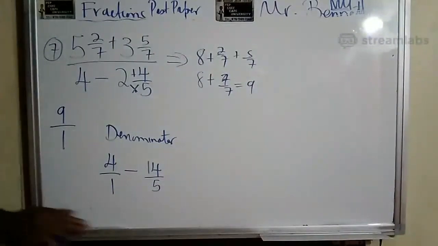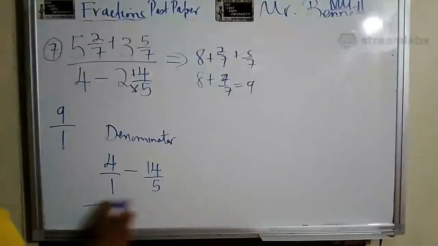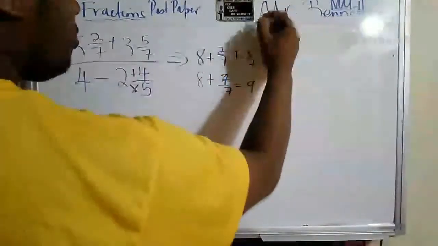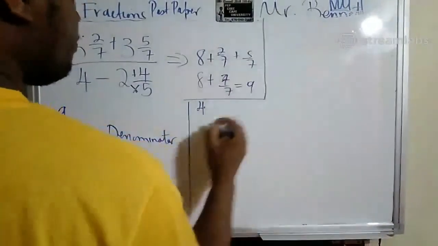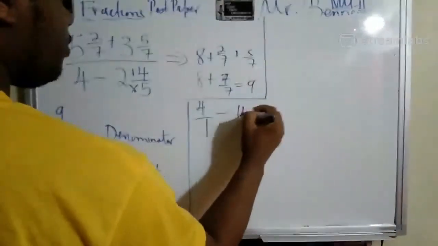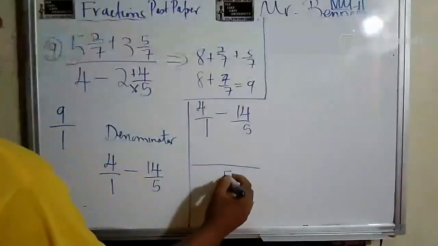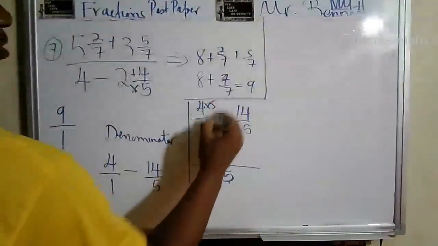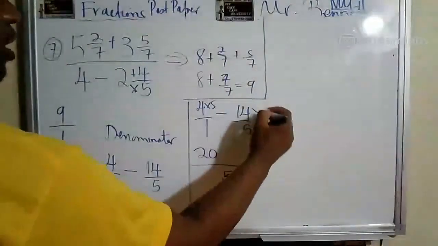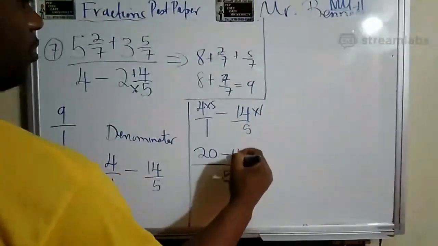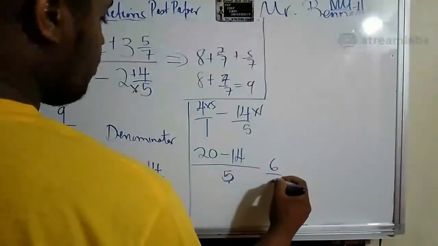And then we find the lowest common multiple, which is 5. So 4/1 minus 14/5. So 1 into 5 goes 5 times. So 5 times 4, 20. 5 into itself goes 1 time. So that gives us 14. So 20 minus 14 will give us 6/5.